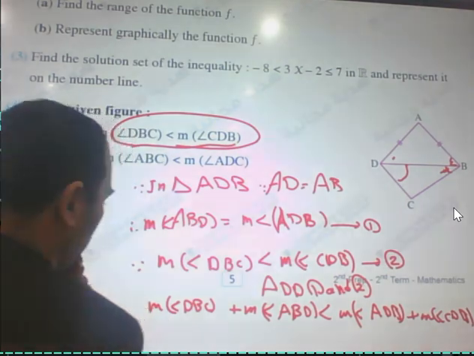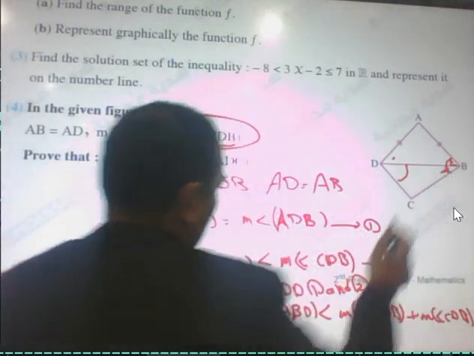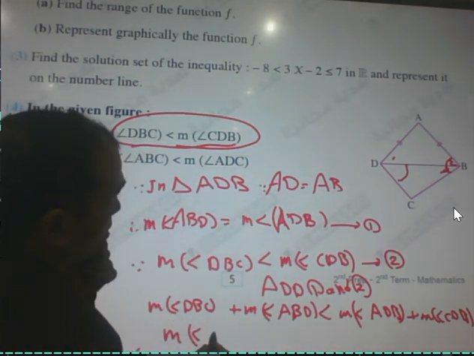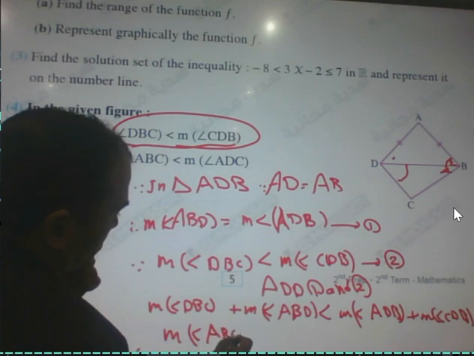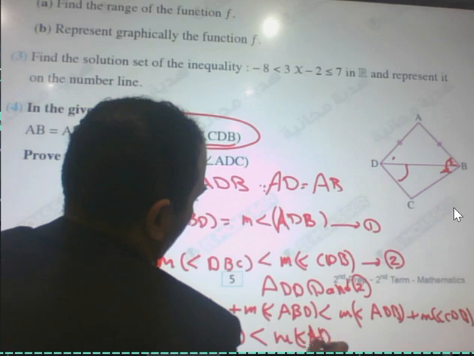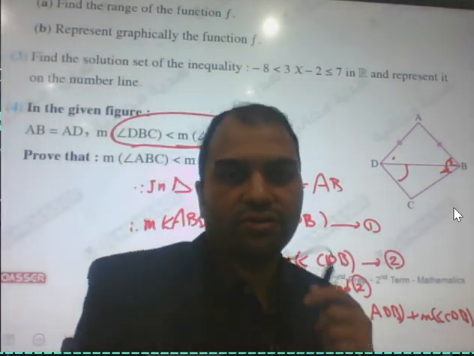Okay, then if we collect together, we can find the measure of angle ABC is less than the measure of angle ADC. Understood? Solution of the last question.